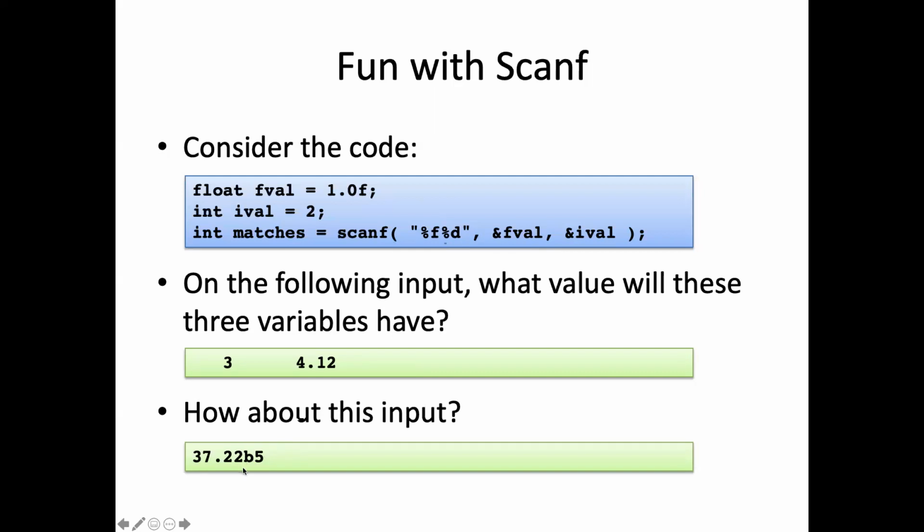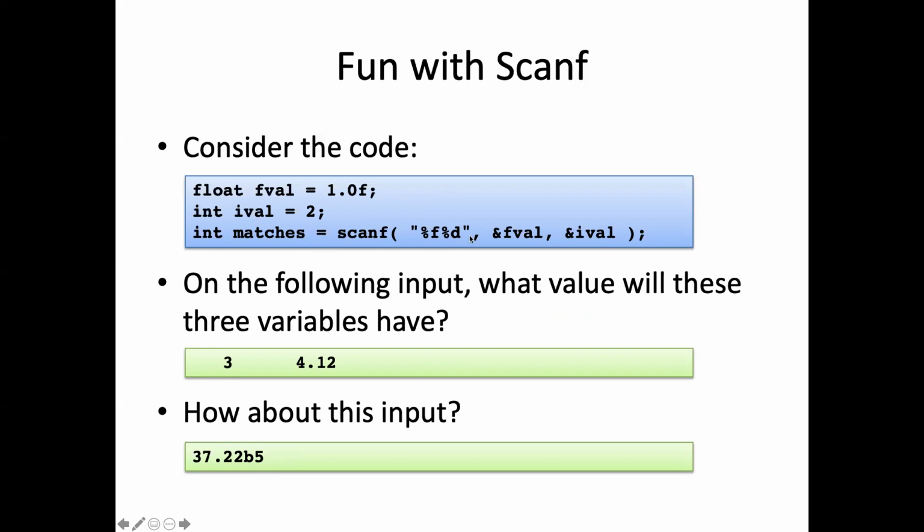This b won't get read. The i value won't get changed. If scanf can't successfully read something, it doesn't modify your variable. So ival will still have a 2 in it. But how can you tell that it only successfully read one thing? That's what the return value is for. Scanf will return a 1 in the second case to say, well, I successfully read the float that you asked me to read, but I couldn't read the decimal integer.